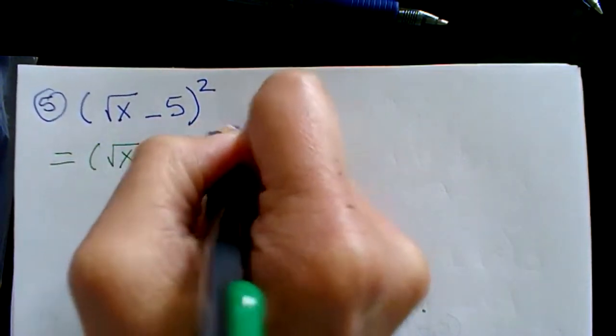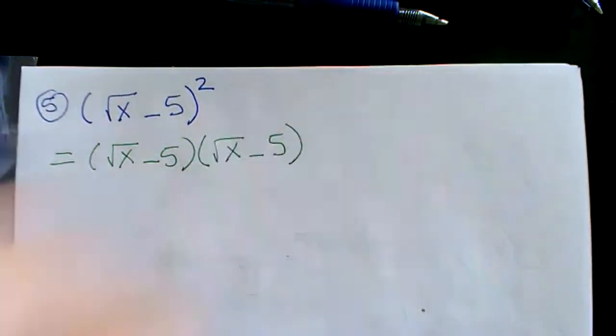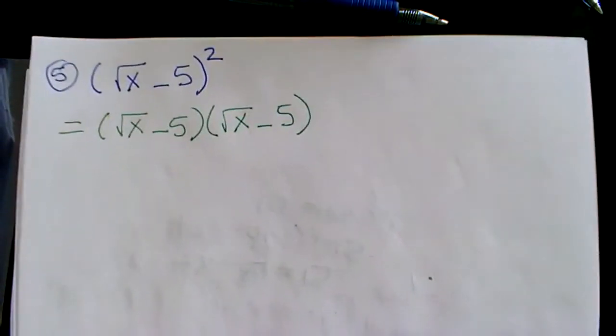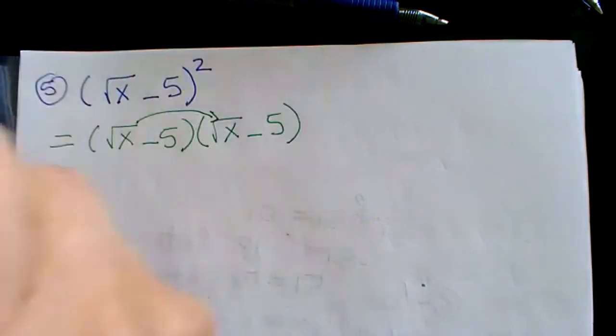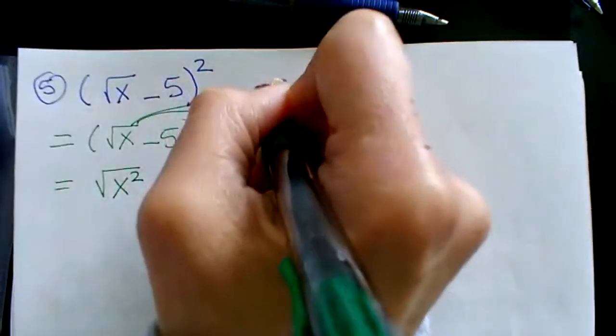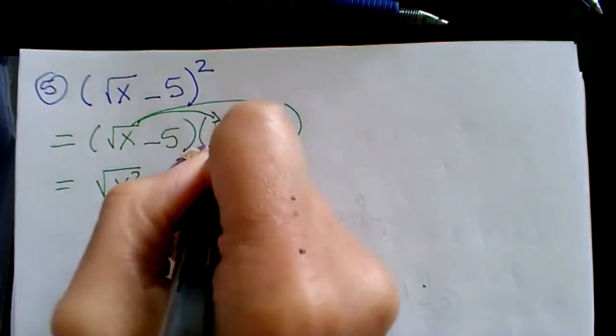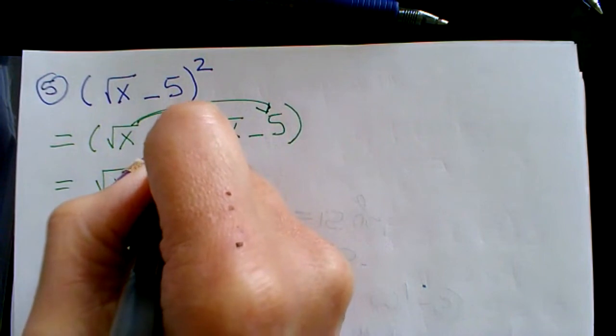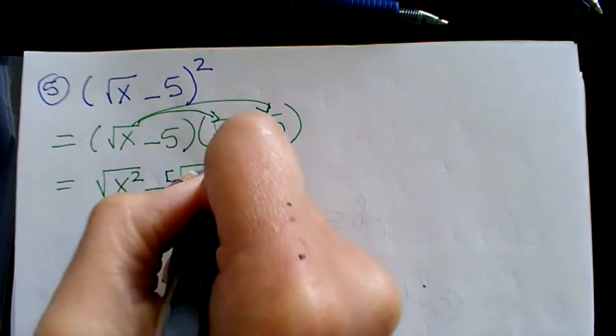The square root of x minus 5 times the square root of x minus 5. Correct? So let's multiply it. This is going to be square root of x squared. This is going to be minus square root of the 5 is going to go outside and the x could be inside. Negative 5 square root of x plus 25.